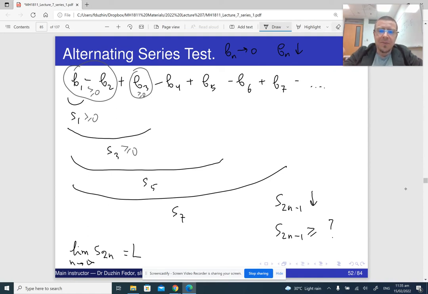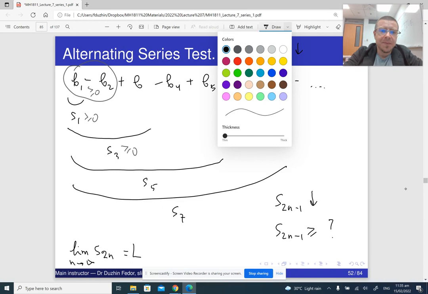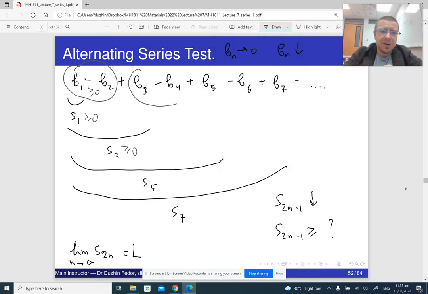How about S5? Now, this is B3. So if you group B3 with B4, then this is non-negative rather than strictly positive. And there is also B5, which is still non-negative, right? So S5 is the sum of three non-negative numbers, which means it is still non-negative, and so on, right?